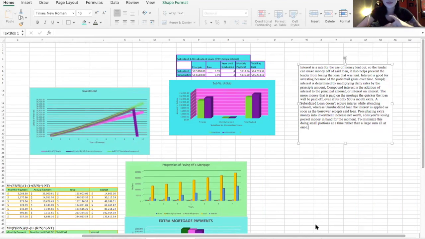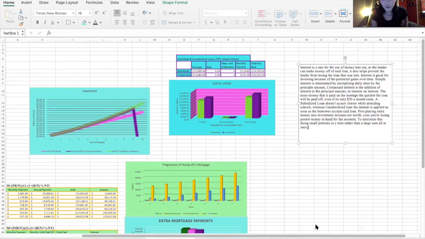Okay, so interest is the rate for the use of money lent out, so the lender can make money off of said loan. Can't just go handing out money without making a profit, right? So it also helps prevent the lender from losing all that money that they gave out for said loan. So they're not out of monies.